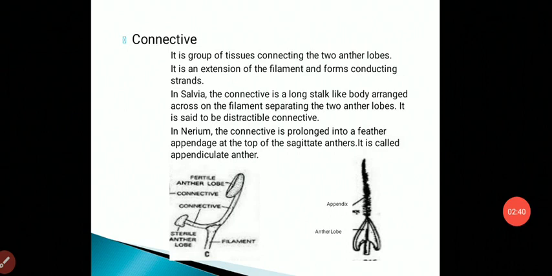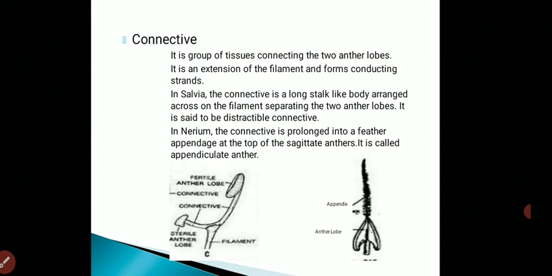In Salvia, the connective is a long stalk-like body arranged across the filament, separating the two anther lobes, and it is said to be a distractile connective. Look at the diagram. This is a distractile connective in Salvia which separates the two lobes of the anthers.